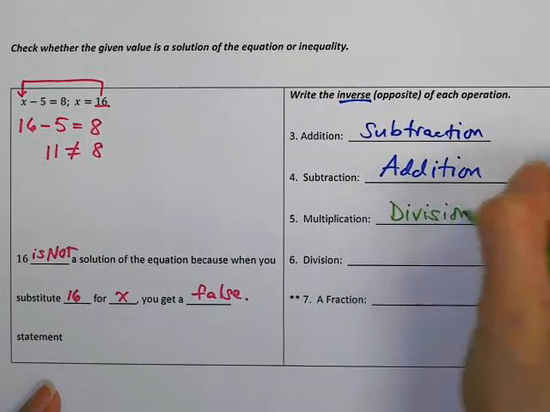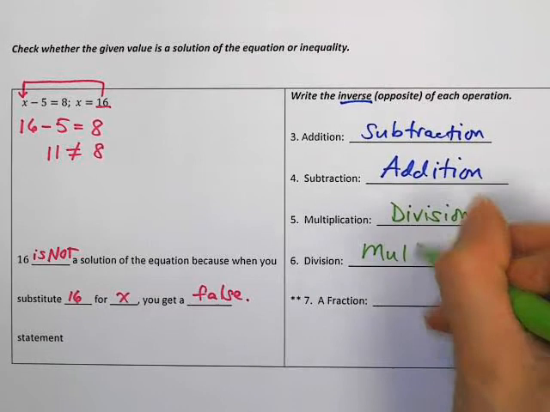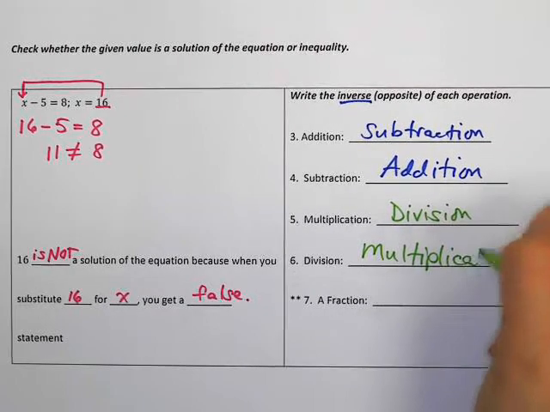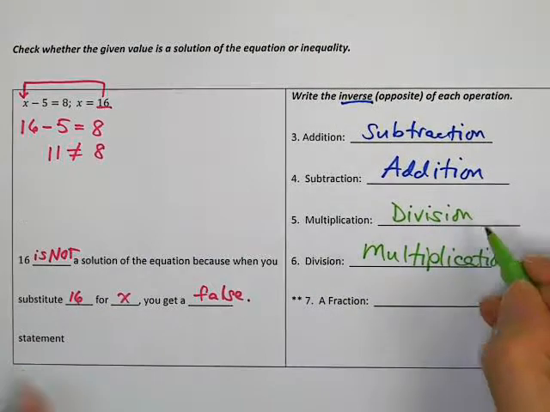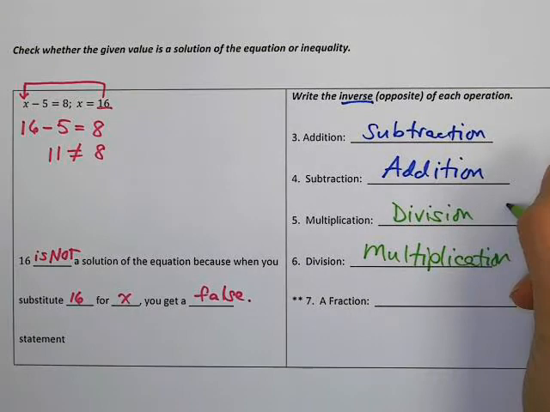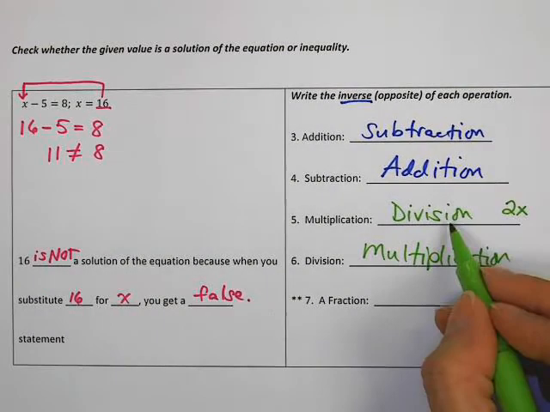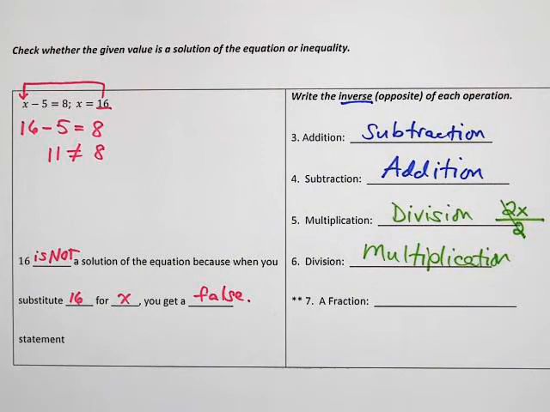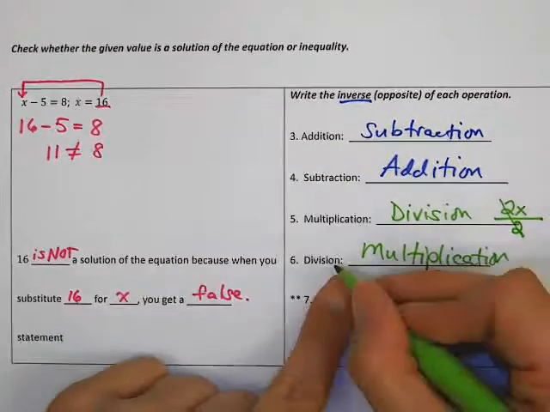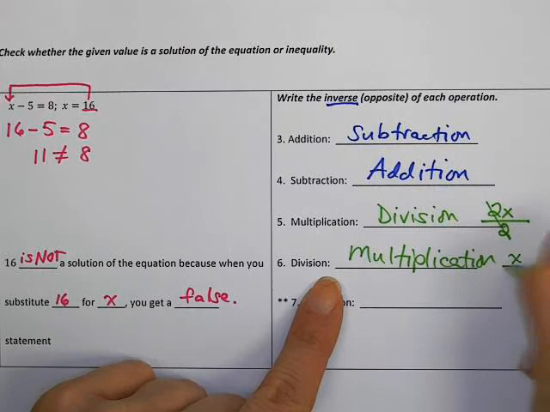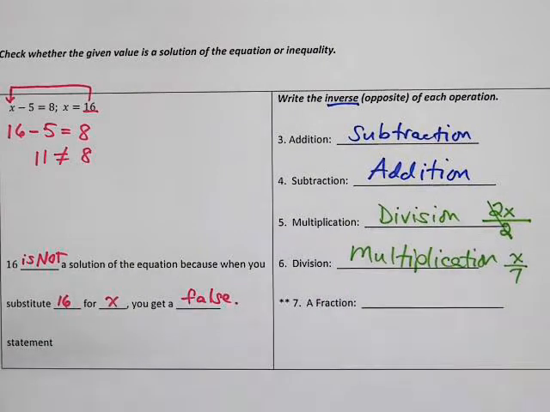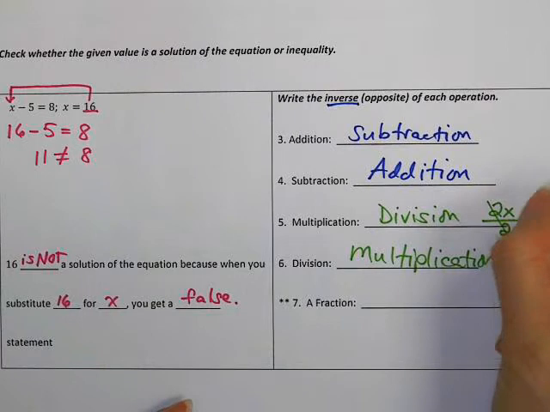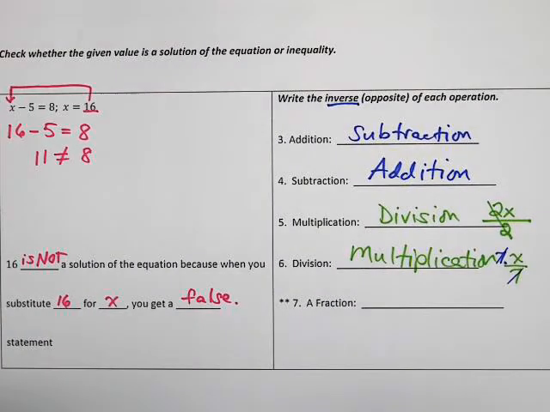And the opposite of division would be multiplication. So if your x has 2 times x, the opposite would be to divide by 2, and that would get x alone. If you have x divided by 7, then what we should do is multiply by 7, and that cancels out the 7.